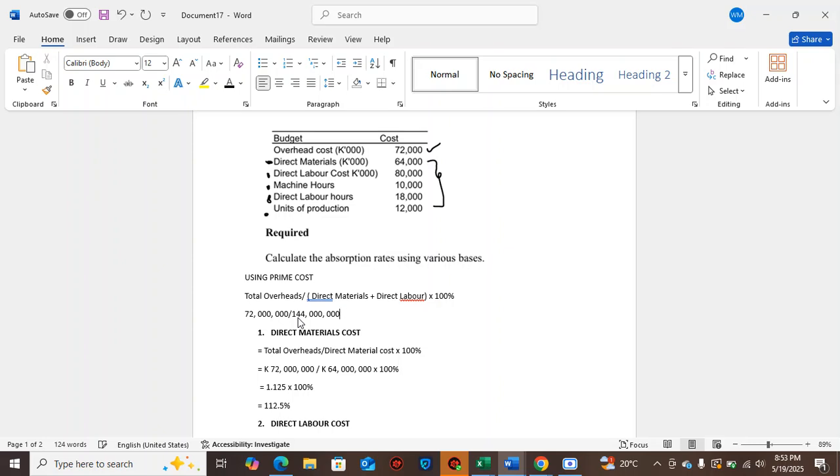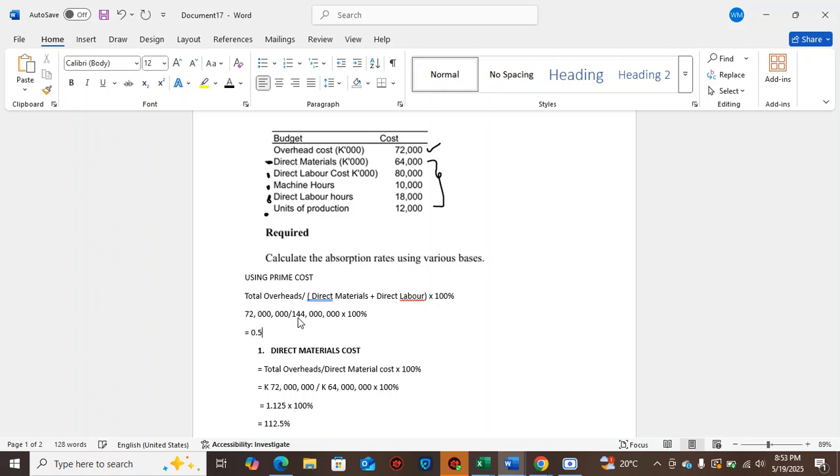Okay, times 100%. Divide first 72 million by 144 million. 0.5.